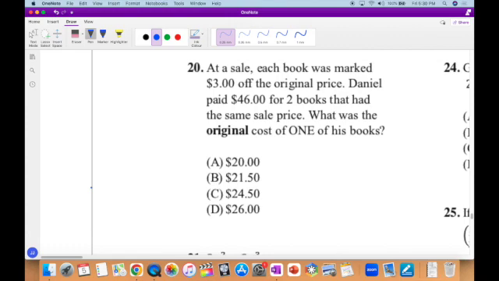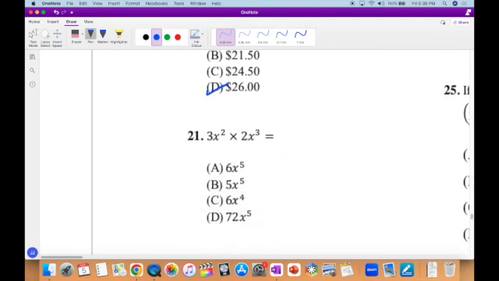So obviously, if the 2 books had the same price and he paid $46, then one book would have been 46 divided by 2. So that one book would have cost $23. And then, of course, $3 off the original price means the original cost of one book was $26.